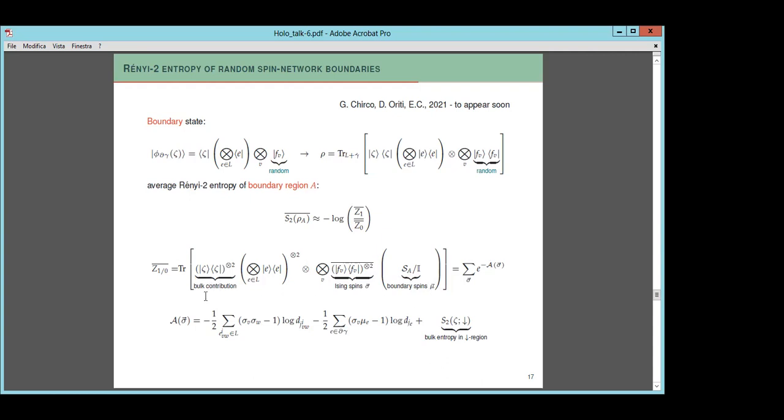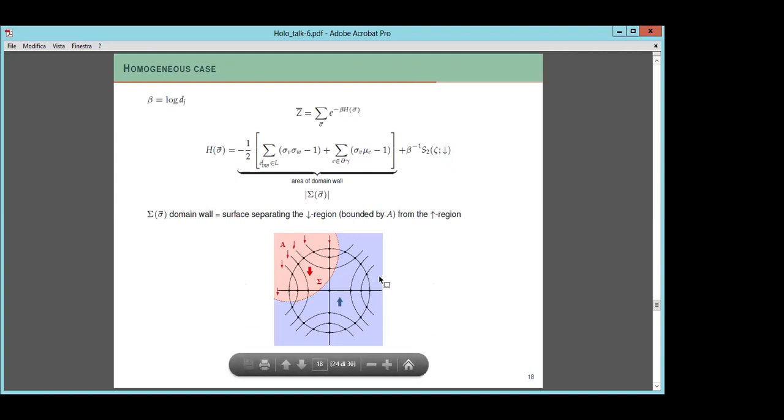The other difference is that now we have a bulk contribution, so the Ising action also involves the second order Rényi entropy for the bulk state. In particular, the entropy for the state reduced to the region in which the Ising spins point down. This is what can be explicitly seen by performing the trace.